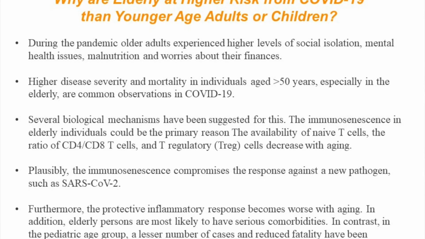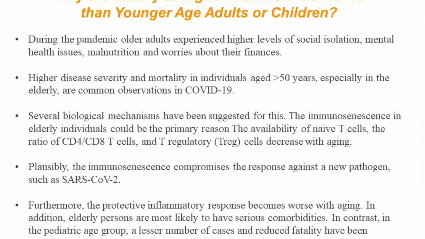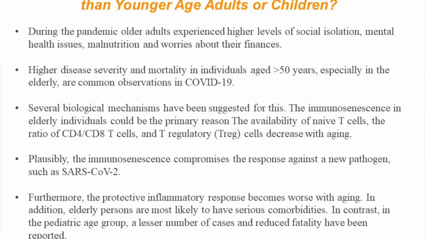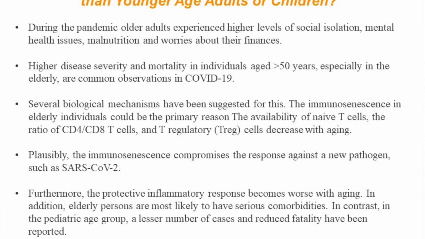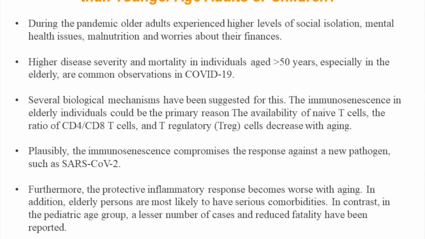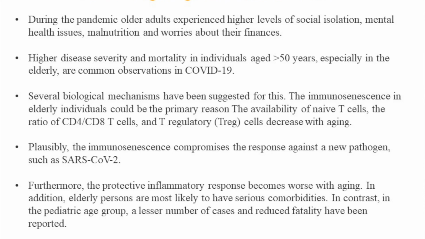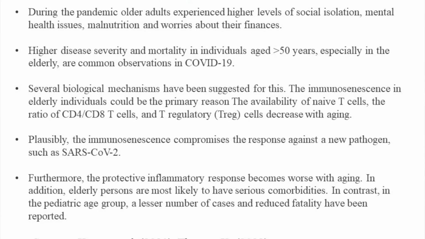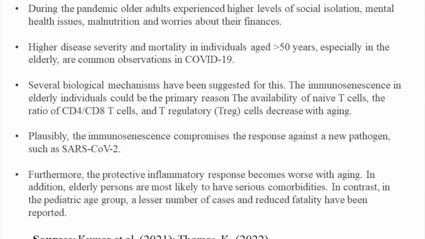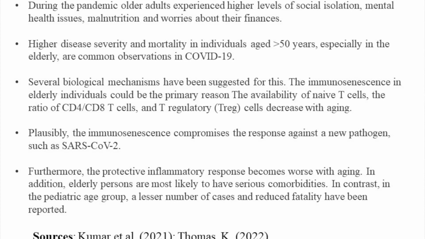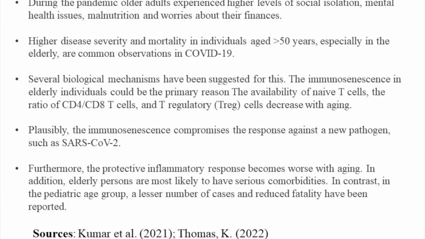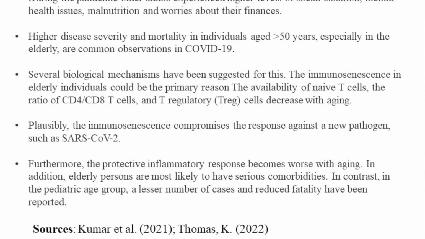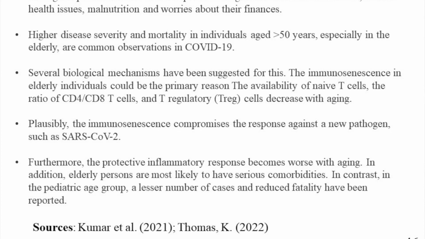The availability of naive T cells or the decrease in the regulatory T cells with aging puts the adults in a vulnerable situation in terms of not gathering or providing the immune defenses to tackle the insult from COVID-19.